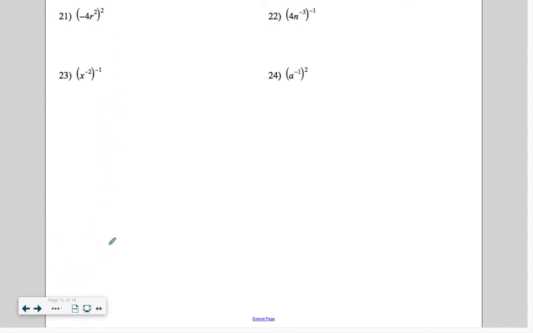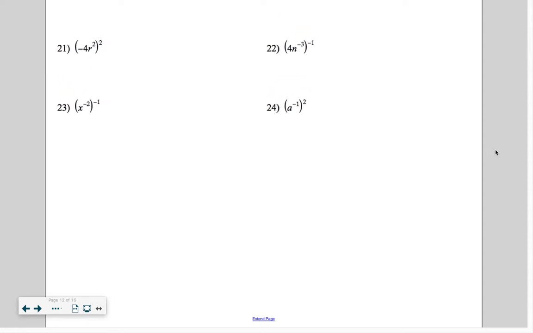Let's put some things together that we've learned in the past. Here we're going to sprinkle that power of 2 to the 4 and to the r squared. So we have negative 4 squared times r to the 4. Now, when we take negative 4 and multiply it by itself, that becomes a positive.